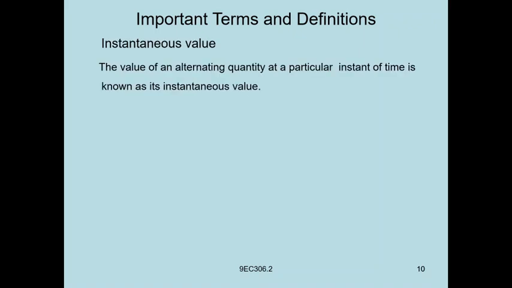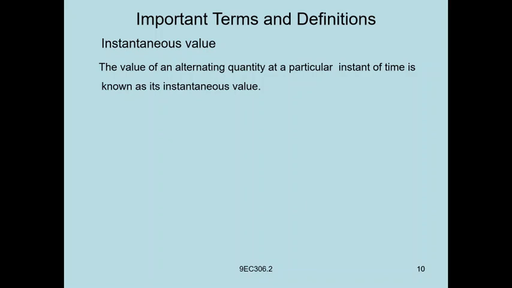So, important terms and definitions of a sinusoidal signal. The value of an alternating quantity at a particular instant of time is known as the instantaneous value. So again I am repeating, the value of an alternating quantity at a particular instant of time is known as its instantaneous value.